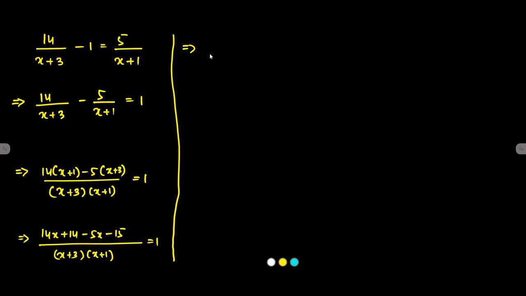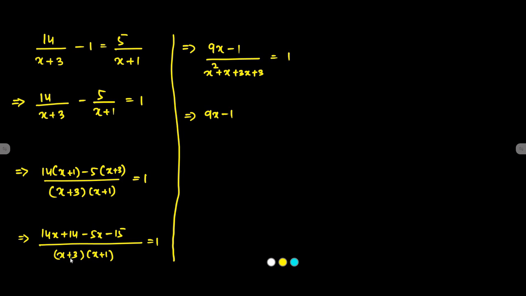here it is 14x minus 5x, that is equal to 9x. Then 14 minus 15, that is equal to minus 1. 9x minus 1 by x square plus x plus 3x plus 3 is equal to 1. That implies 9x minus 1.